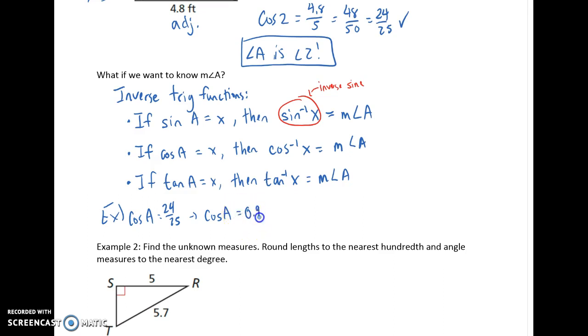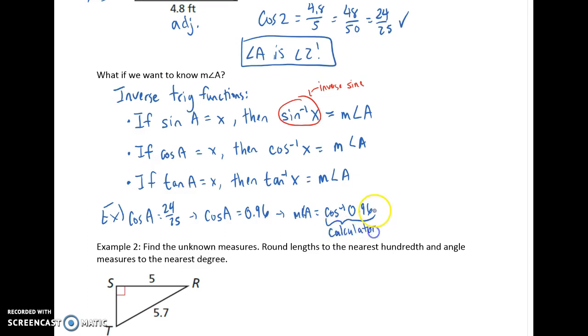So I'm going to write that as 0.96. That's the exact decimal. I can't divide by cosine, but I can say the measure of angle A would equal the inverse cosine of 0.96. This is what we call the exact answer, and this would be what you put into your calculator.